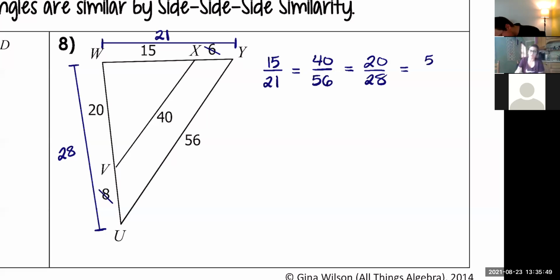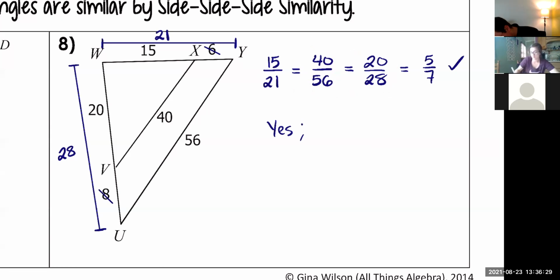Is that right? So take a 3 out of 15 and 21, you get 5/7. Take an 8 out of 40 and 56, you get 5/7. Take a 4 out of 20 and 28, you get 5/7. So all 3 sets of sides are in fact proportional. So we can say, yes, they are in fact similar.